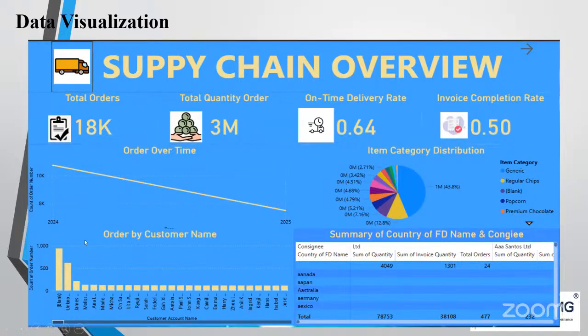can you see here: total orders and total quantity ordered, on-time delivery rate, invoice completion rate. The bar chart shows number of orders by country or by SKU. Line chart shows trends over time, like order volume increasing or decreasing.